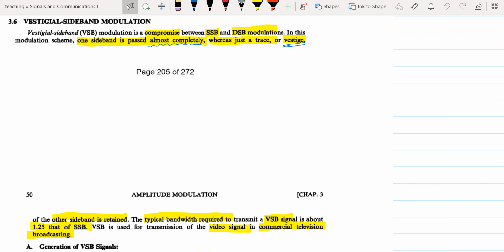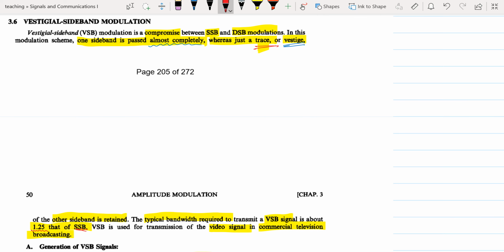And what we'll see here is that one sideband is almost completely passed, and the word almost here means exactly that: one band is passed completely, whereas a small portion, or a trace, of the other sideband is also retained, so that when we are transmitting, it is like you are transmitting 1.25 or thereabout of what you are transmitting with the single sideband.